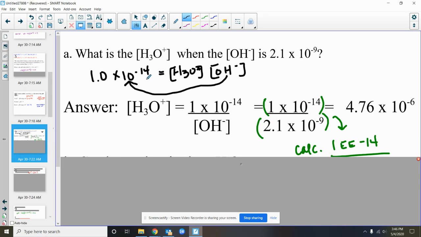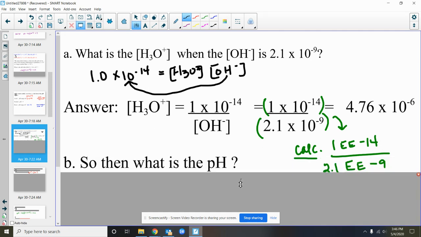When you solve for hydroxide and hydronium, your 1 times 10 to the negative 14th is always on top. Then you're going to divide by H3O to find your OH, or in this case, we're dividing by OH to find our H3O. So this is the equation you will use. If you are given one of these, you will use this number and divide by the one that you know to find the one that you don't know.